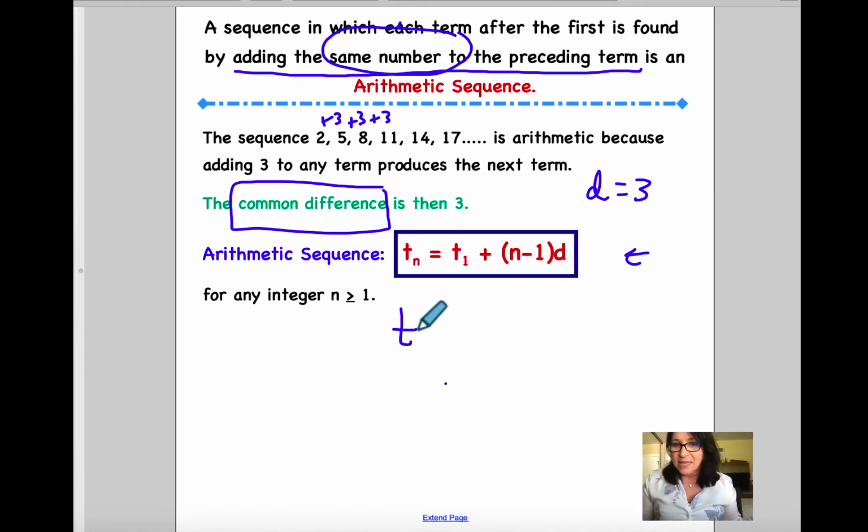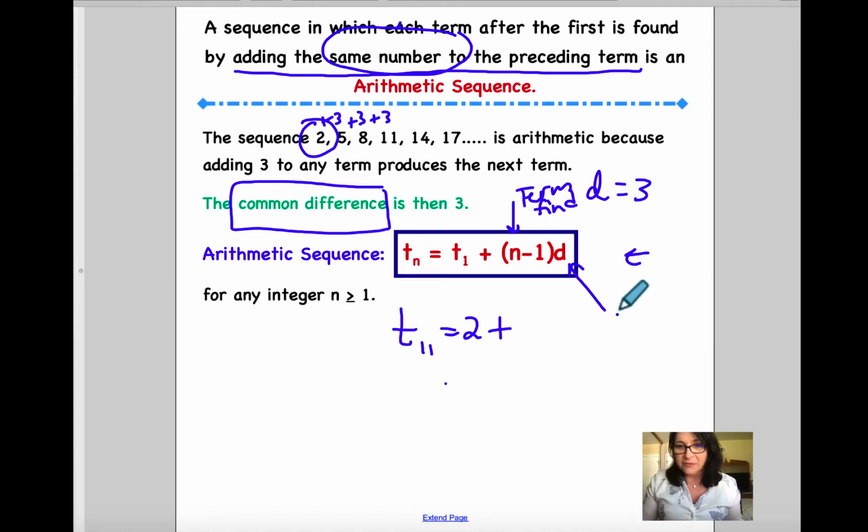You would go t of 11, because that's my 11th term, is equal to t of 1, which is my first term. In this sequence, it's 2, plus n, this is the term I'm trying to find, times d, the common difference. That's the number that you're adding each time. So this would be times the quantity n, which in this case is 11, minus 1, and then times d.